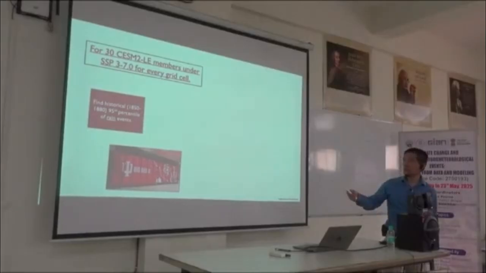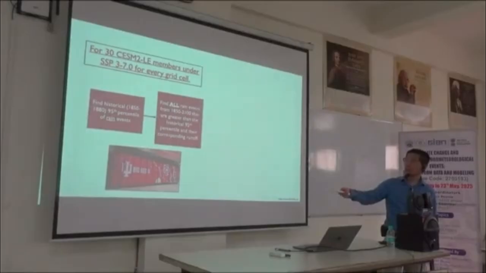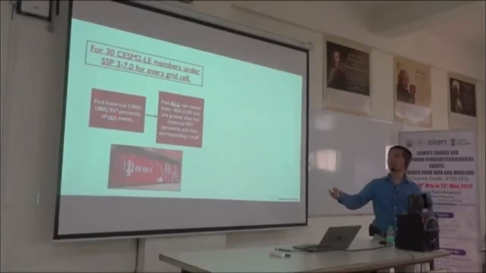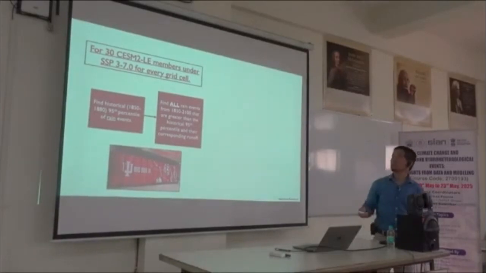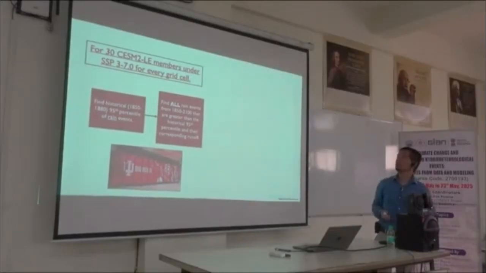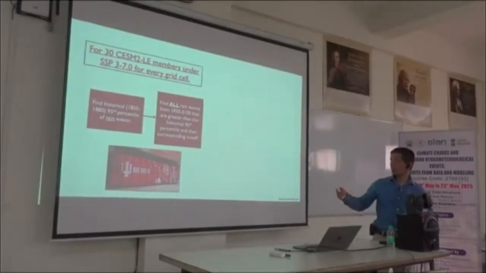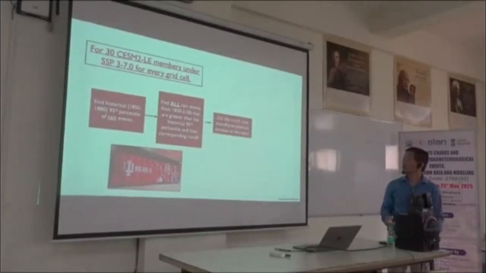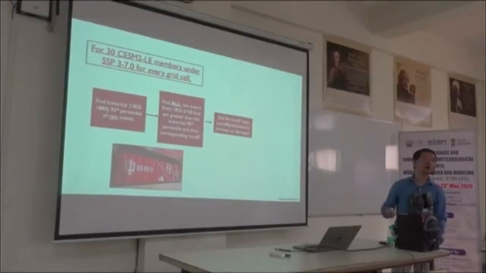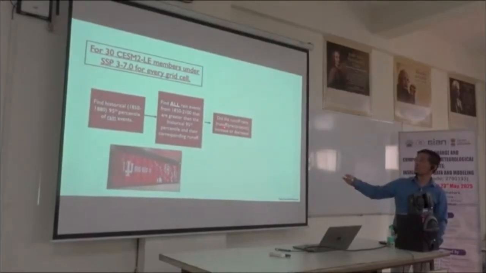What we did is find historical data and pick all the 95th percentile rainfall events, and look at their corresponding runoff. We pick up data from every single grid cell on a global scale and then calculate the runoff ratio. Runoff ratio means runoff divided by precipitation.